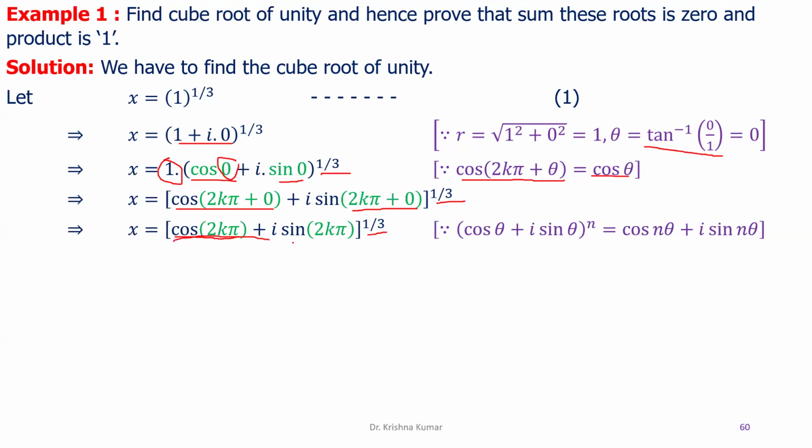Now here we apply de Moivre's theorem. It is (cos theta plus i sin theta) to the power 1 upon 3, so this 1 upon 3 will be multiplied with the angle. This is de Moivre's theorem: (cos theta plus i sin theta) to the power n is equal to cos n theta plus i sin n theta.